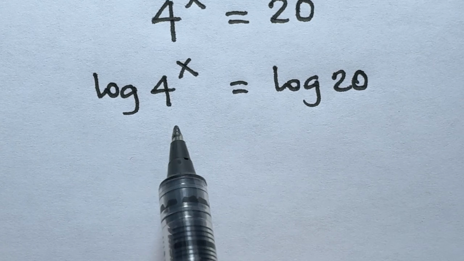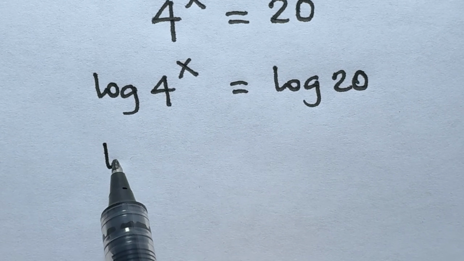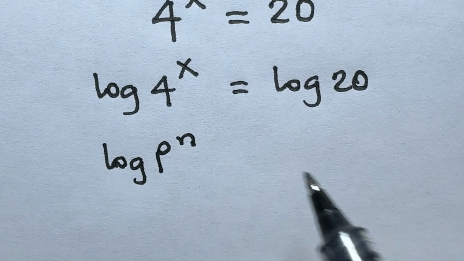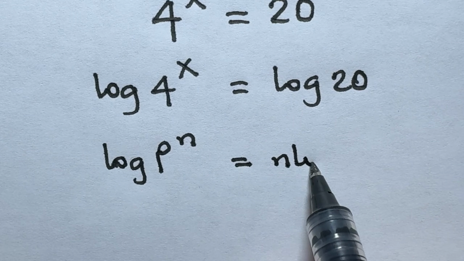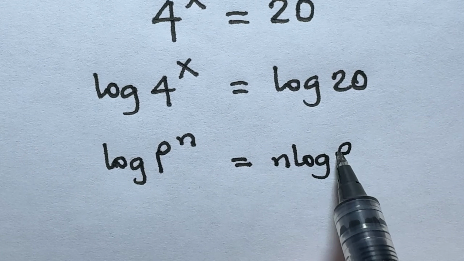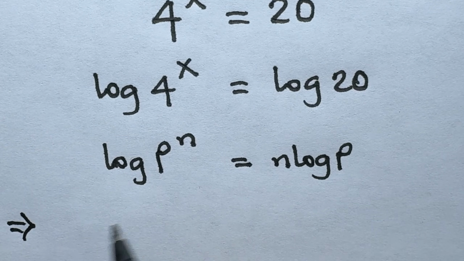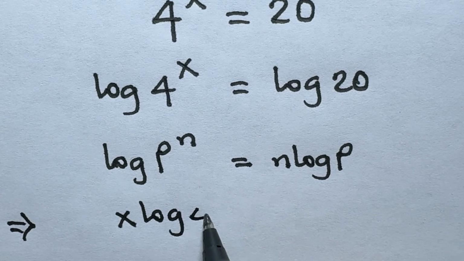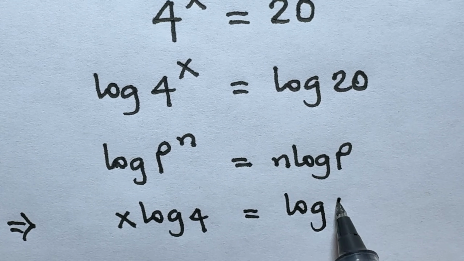The left-hand side expression, which is log 4 raised to power x, is of the form log p raised to power n. And by law of logarithm, we can express this as n times log p. This would then imply that our equation becomes x times log 4 equal to log 20.